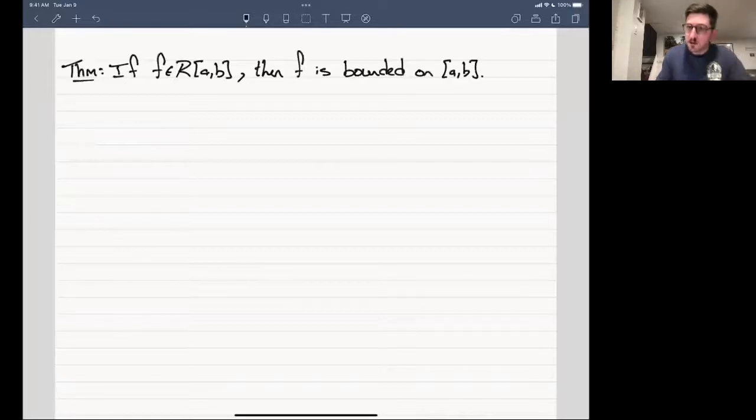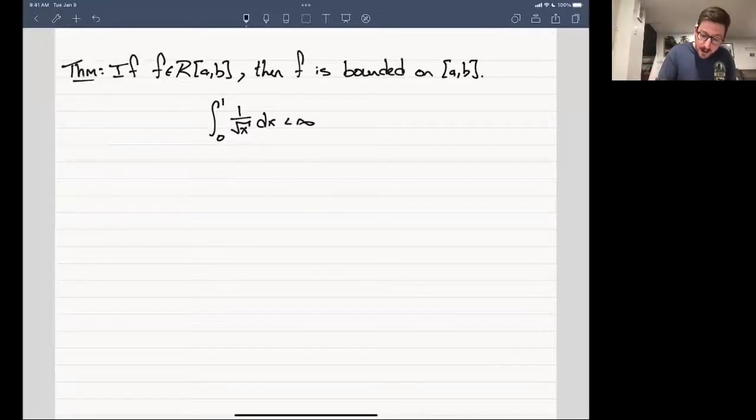Now, this might strike you as slightly alarming, right? Because maybe you've seen something like the integral from 0 to 1 of 1 over the square root of x dx. Well, you can do this with usual calculus methods, and you know that this thing is actually finite, that its Riemann integral actually exists.